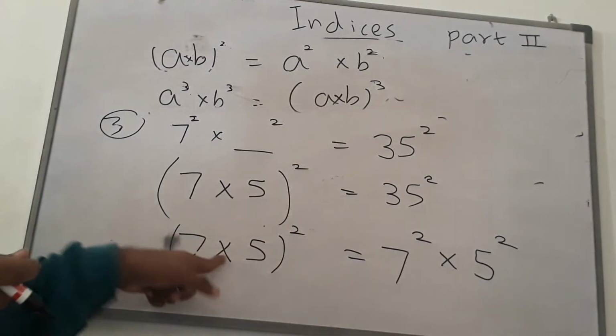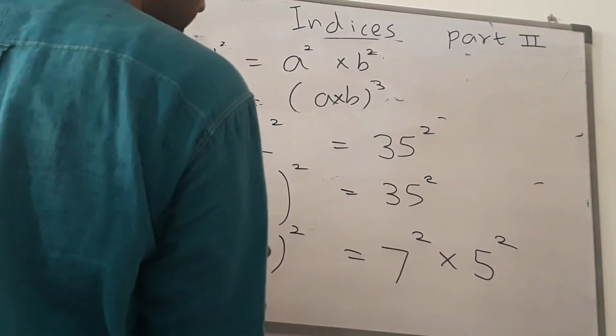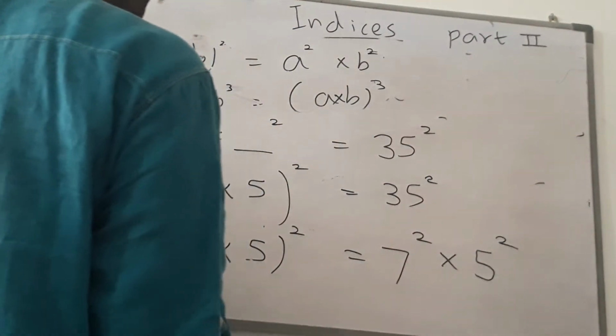Same as here, 7 times 5 all together to the power 2 can be written like 7 to the power 2 times 5 to the power 2.